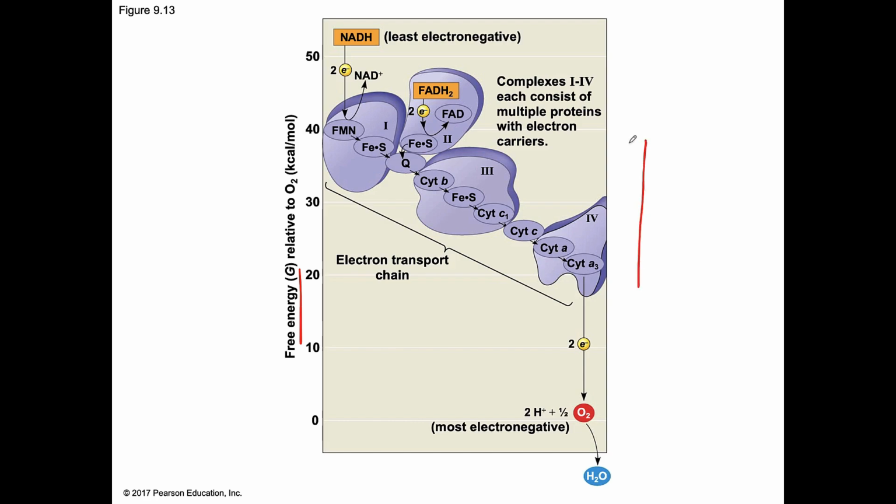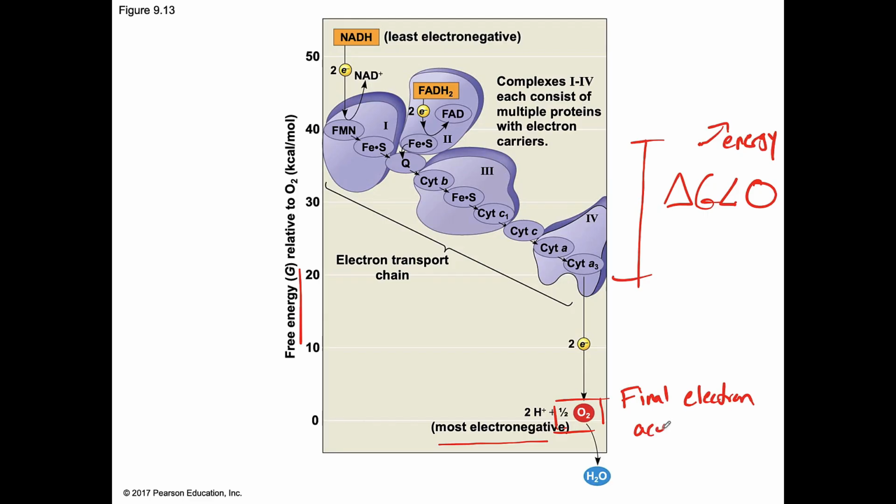So that means our delta G is negative. So we are going to release energy in this series of exergonic pathways. All the way at the bottom, we have oxygen. Oxygen is the most electronegative. This is what is called our final electron acceptor.